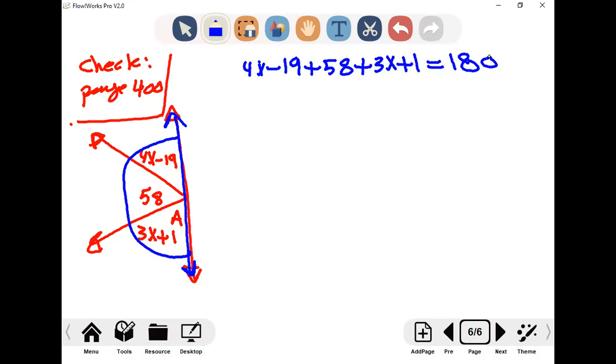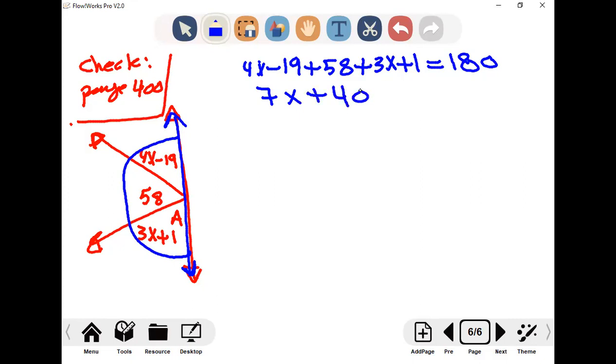Now how will I solve? I will combine the like terms, remember? 4x with 3x is 7x, right? Minus 19 plus 1 is negative 18, plus 58 is plus 40.